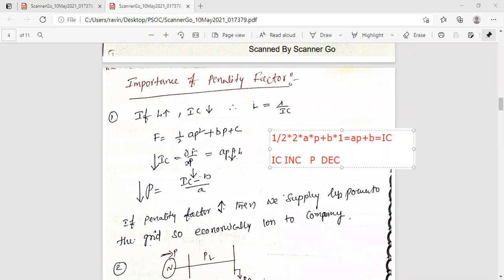It should decrease. So the supply given to the grid, the supply connected to the grid, is very little. We supply less power to the grid.